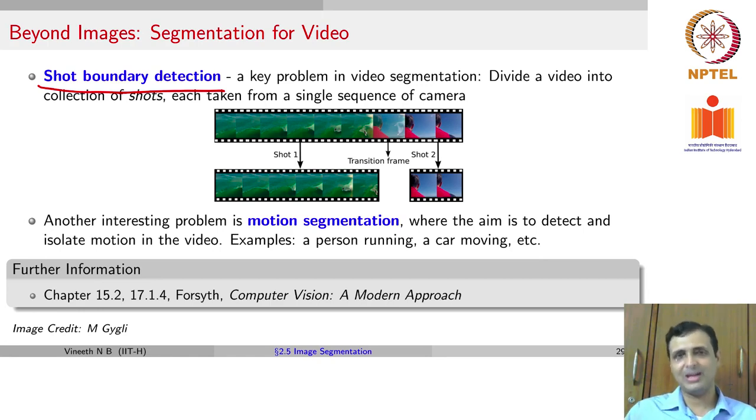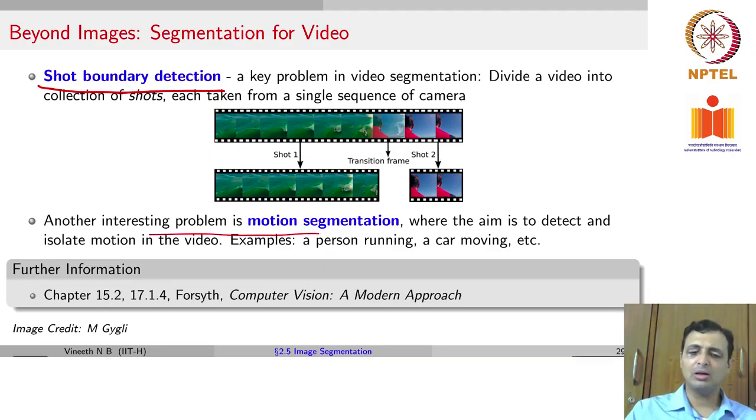Remember that if there's a very long video and you want to understand the video, let's say you have a movie and you want to be able to understand the movie by automatically parsing the video, you first have to divide the entire movie into shots and then try to analyze each shot for understanding the scene, understanding the characters, and so forth.